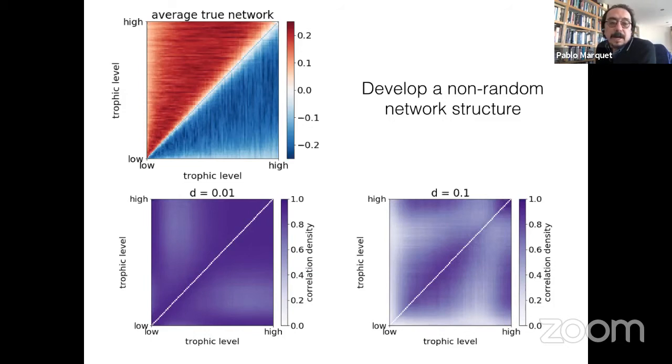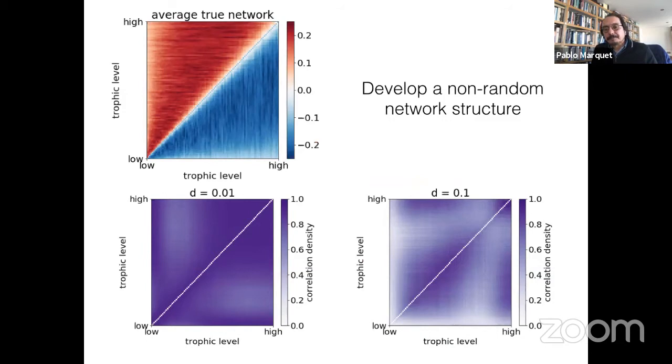So you start reconstructing a lot of significant interactions along this area here, and among high trophic level species, and among high trophic and low trophic level, and there's a pattern emerging just because of the level of interaction strengths that you put into the matrices.